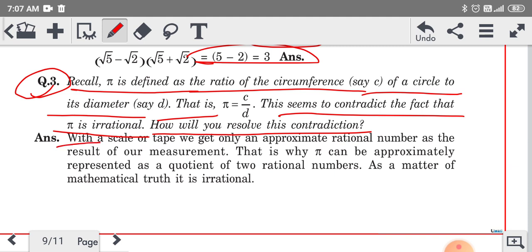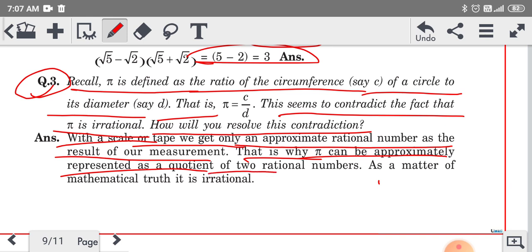So कहते हैं with a scale or a tape we get only an approximate rational number as the result of our measurement. That is why pi can be approximately represented as a quotient of two rational numbers. As a matter of mathematical truth, it is irrational.